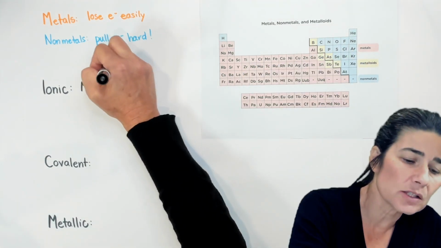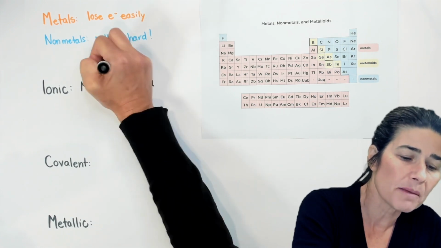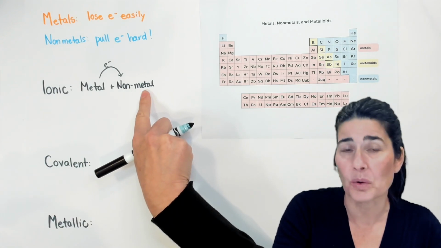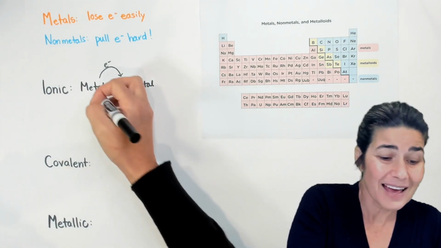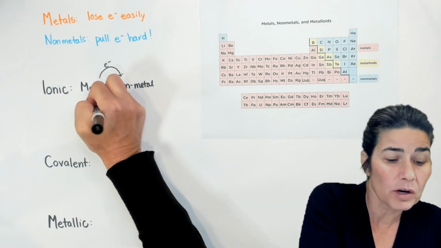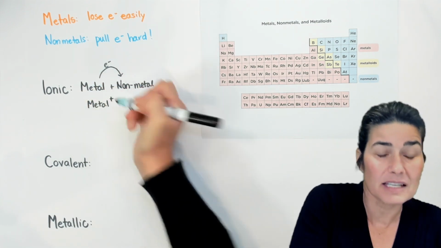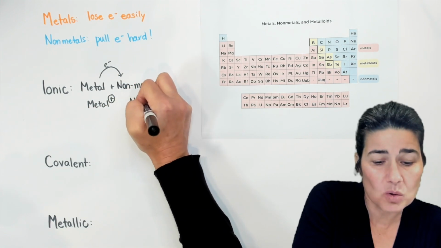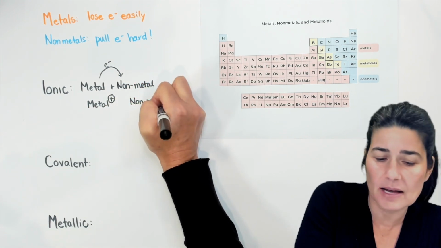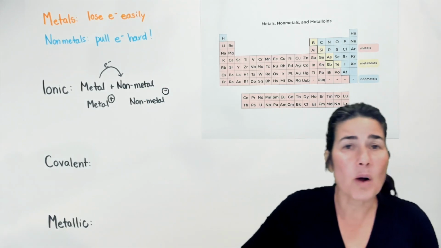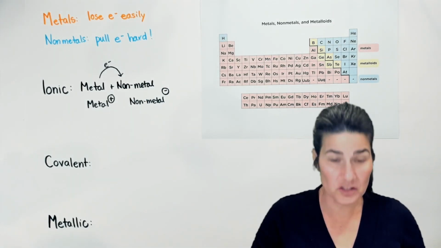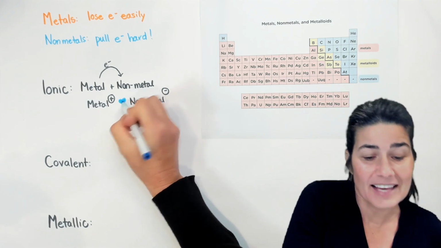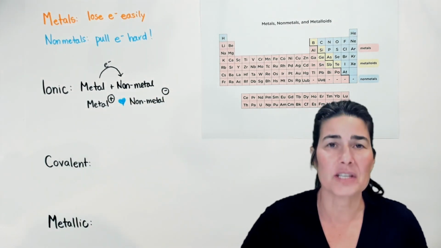So electrons will be removed from the metal. I'm going to write that as an e minus and go on to the nonmetal. In that case, the metal will form some sort of a positive charge, and the nonmetal will form some sort of a negative charge, -1, -2, -3. And what we know about things with opposite charges is opposite charges attract, and we will get an ionic bond in between them for this attraction.